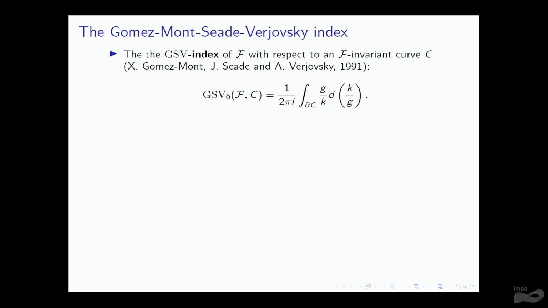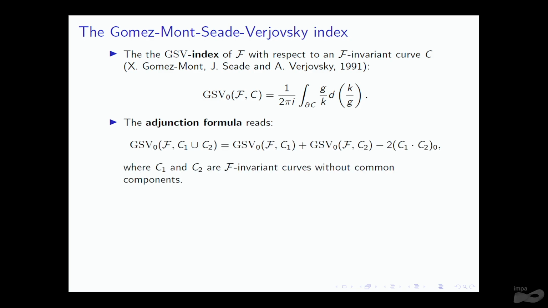For the GSV index, the definition using the decomposition is this: integral over the link of C of G over K, dK over F. The adjunction formula reads GSV of C1 union C2 is the sum of the GSVs minus 2 times the intersection number.